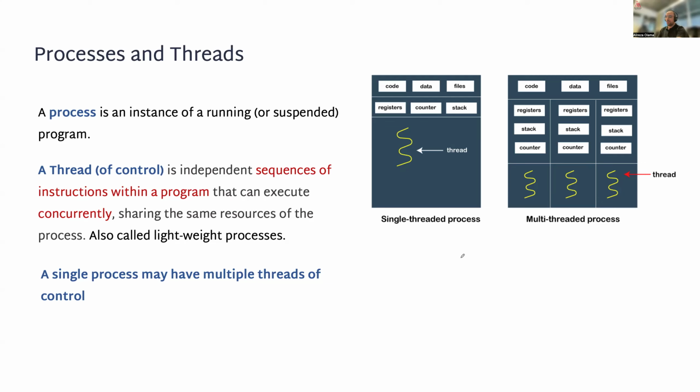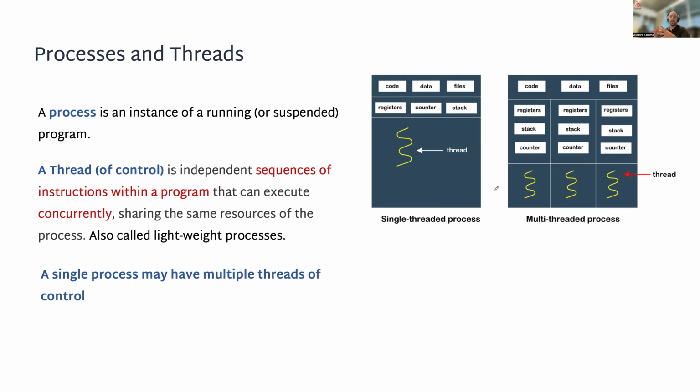Now, someone tell me which one has higher overhead. Is creating a thread more difficult than creating a process, or do they have the same complexity? Yes, creating a process is more complex than creating a thread, because you need to create more things.